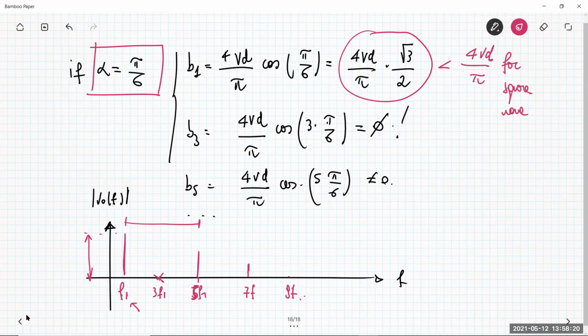So I'm accepting to make easy the design of the output filter, but I have to consider the fact that my fundamental component at the output has an amplitude which is a little bit reduced from that you can have in square wave.